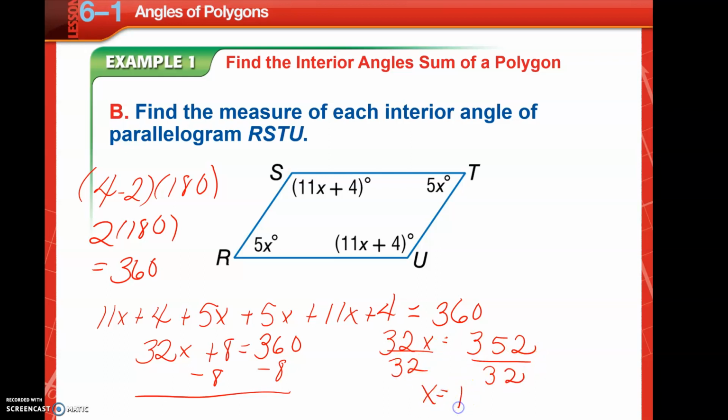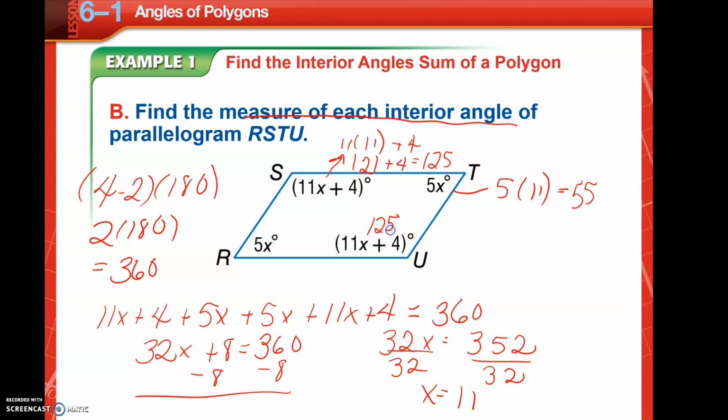X equals 11. We want the measure of each interior angle, so this one is 11 times x plus 4, so 121 plus 4, which is 125, and this one is 5 times 11, which is 55. So these two both are 125, and these two are 55.